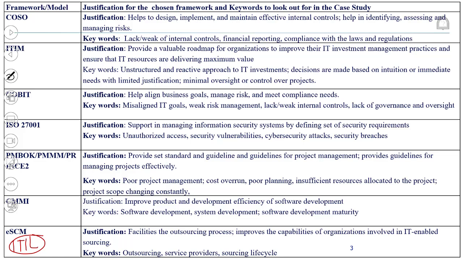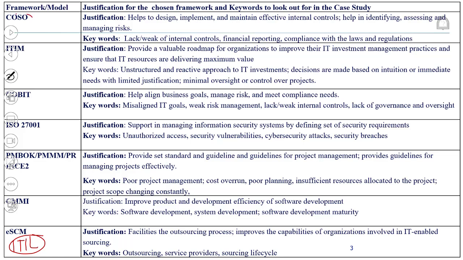ITIL is a big one, but some of the keywords are, anytime you see something about the IT service, IT services, things like incidents, things like problems, things like request fulfillment. I'll talk about ITIL later, but let's just talk about these ones to begin with.